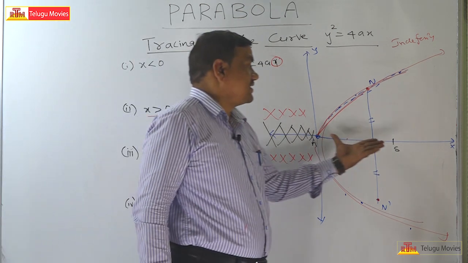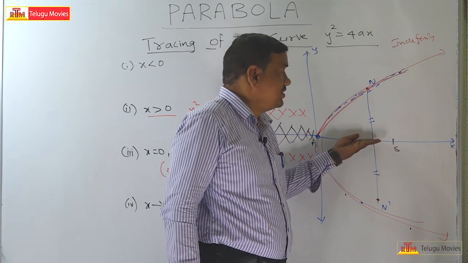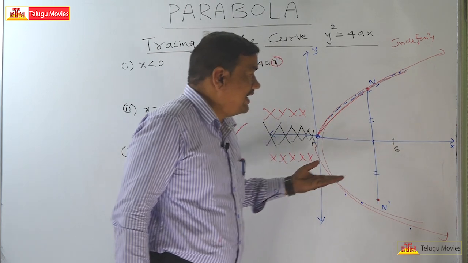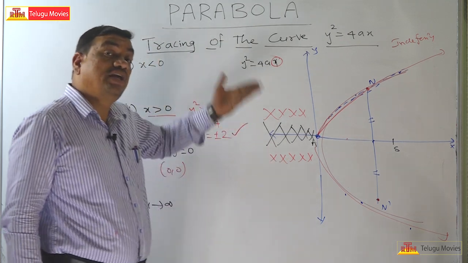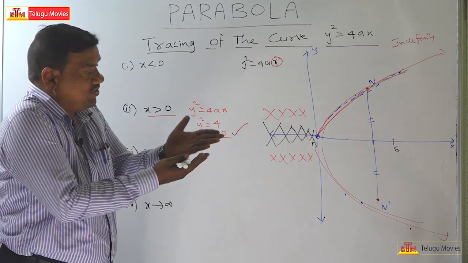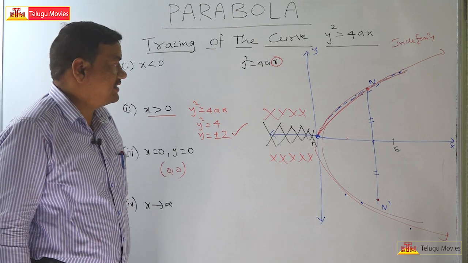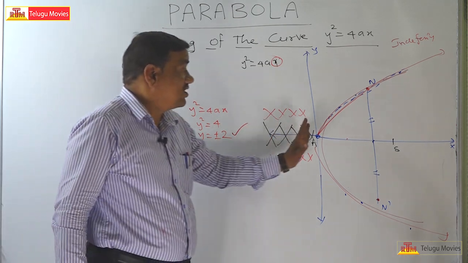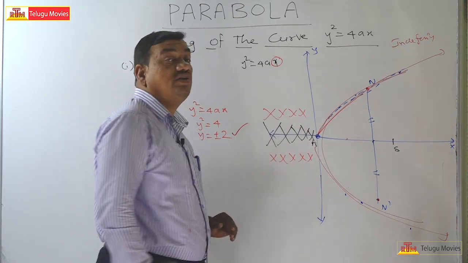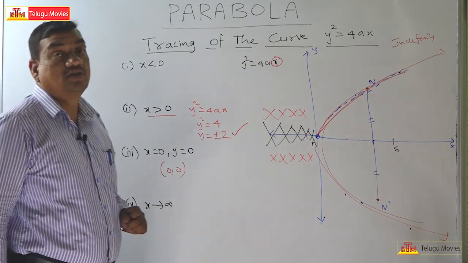Symmetric about the x-axis means whatever the shape above the x-axis, the same shape we will get below the x-axis. That means we can fold it with respect to the x-axis. It is symmetric about the x-axis, and it does not lie to the left of the vertex. Okay, I hope that you understand this concept.